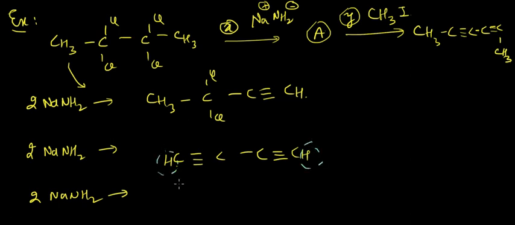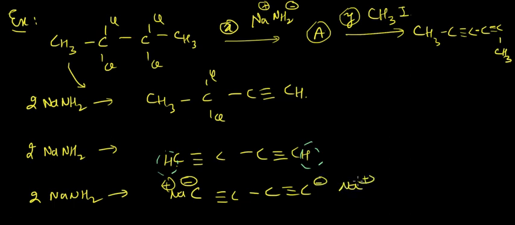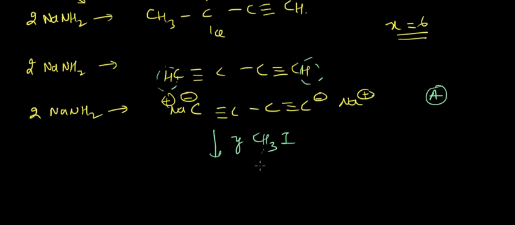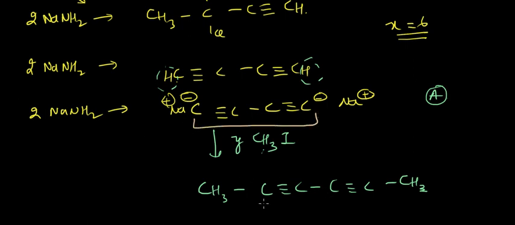So we would have something like C minus Na plus here, C minus Na plus here. Okay, so total X value comes out to be 6, and this is the product A. Now this undergoes Y moles of CH3I to produce a product B, which is CH3 C triple bond C. If you can closely see, this structure remains the same.